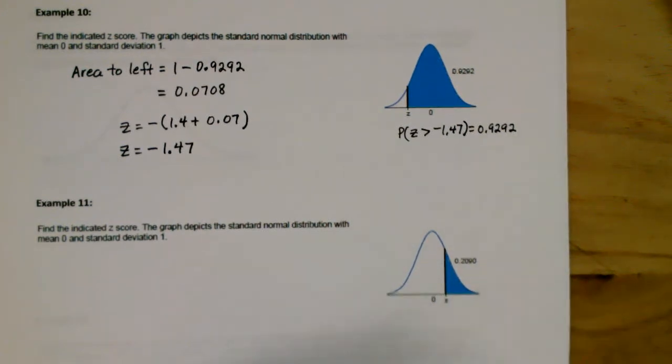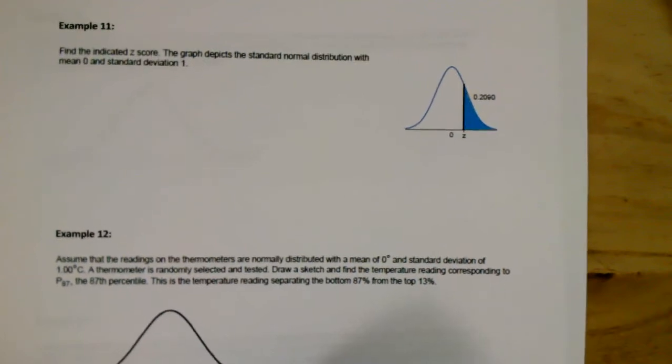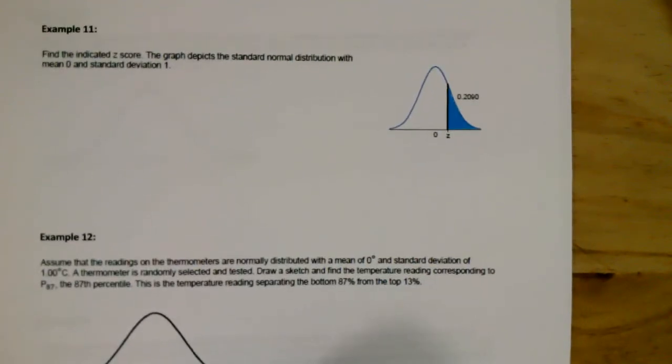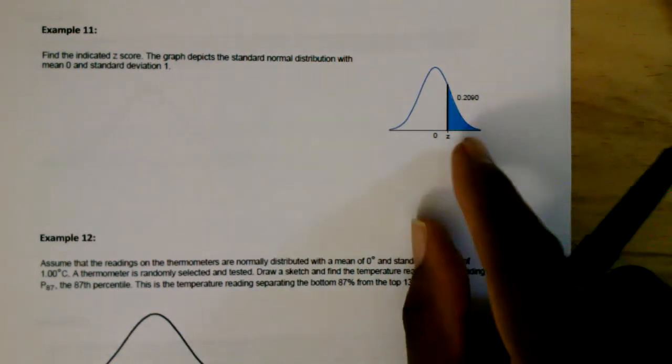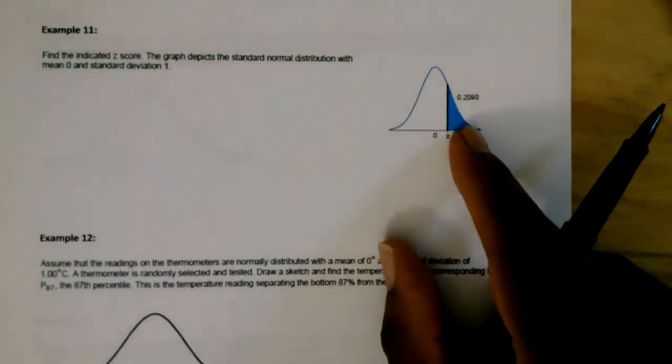Here's another example of that. Here's example 11. Here we're going to find the indicated z-score. The graph depicts a standard normal distribution with a mean of 0 and a standard deviation of 1. Now notice you're given an area to the right, and in this case it's 0.2090.